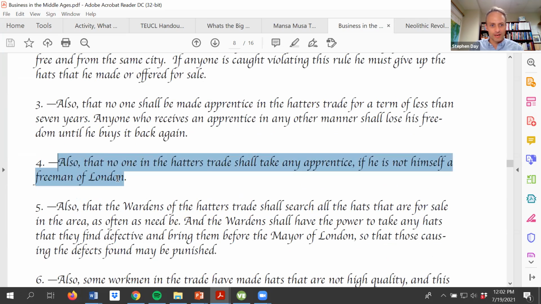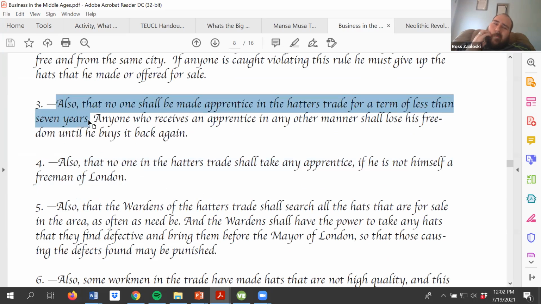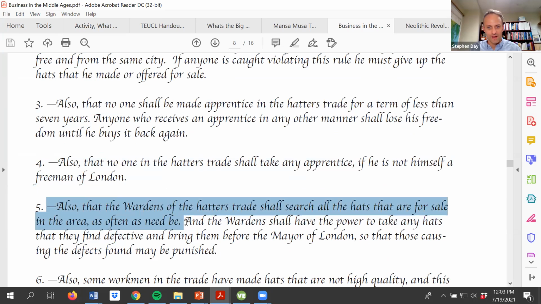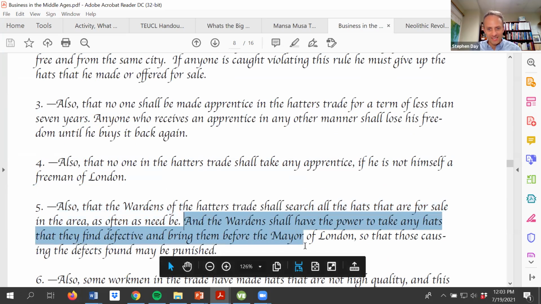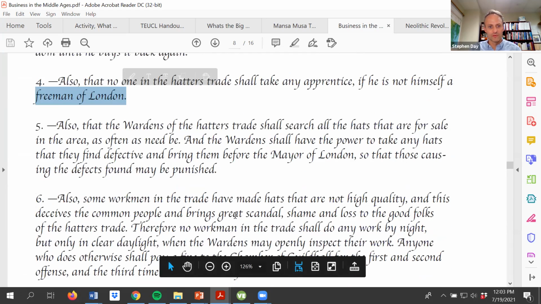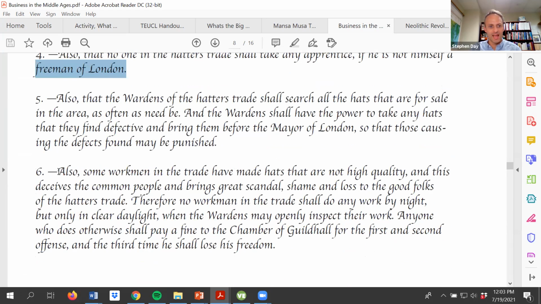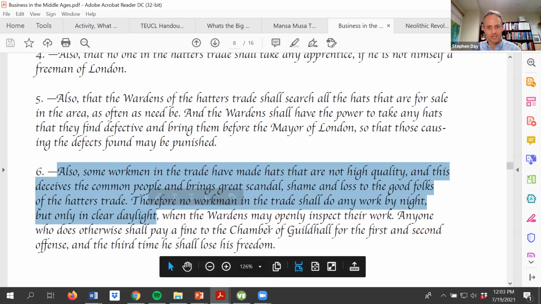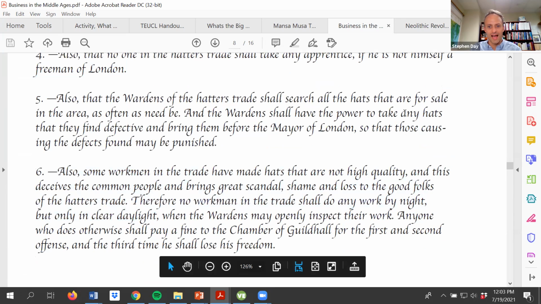So you can't take an apprentice unless the person is a free man of London. Got to be trained for 7 years. And the wardens can search the area as often as need be to find defective hats, find people who aren't a free person for long enough, and to make sure that people are not doing hat making work outside the guild. So what do you think the effect that has is on the production of hats?